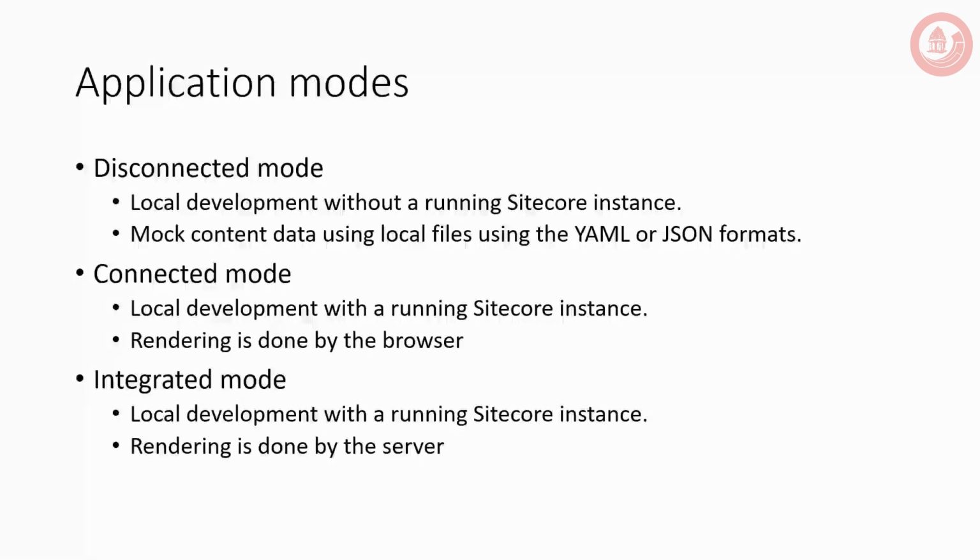Remember the server-side rendering concept, so your server will render all the content. This works well because you need to use the experience editor and everything in Sitecore, right? Because you're not deploying to Sitecore anymore, but still the experience editor and everything needs to work. So that's where integrated mode comes in, everything you use for the CMS.